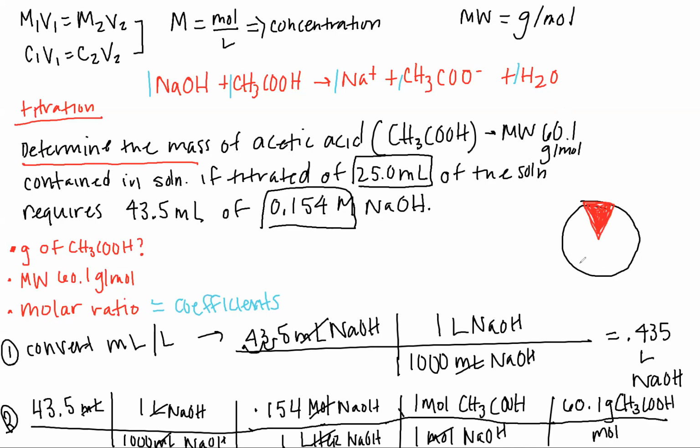So I just want to know the CH3 component of this whole thing. So here we have canceled out our NaOHs. Now we're just dealing with CH3COOH, and you can go ahead and solve this whole dimensional analysis, and it will bring you to your final answer, which should be 0.403 grams of CH3COOH.